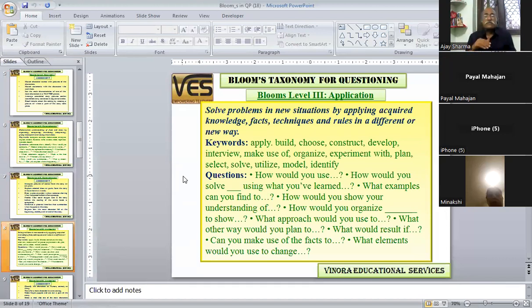If they know about it, then they can go for these type of application of these 2 things. And as we used earlier, compare, or what is the difference between animal cell and plant cell. Now you apply that knowledge.